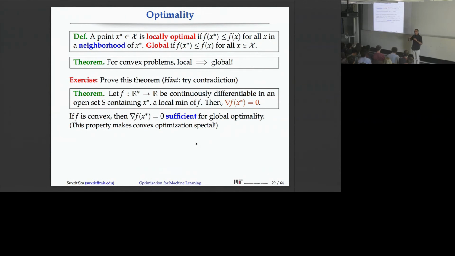So in general non-convex optimization, this is just a necessary condition. For convex optimization, this is also a sufficient condition. You can verify that property. It follows purely by definition of convex functions. But nevertheless, those of you who don't see this right away, please use one of the three definitions of convex functions I showed you, and you will see exactly the beauty of this property.